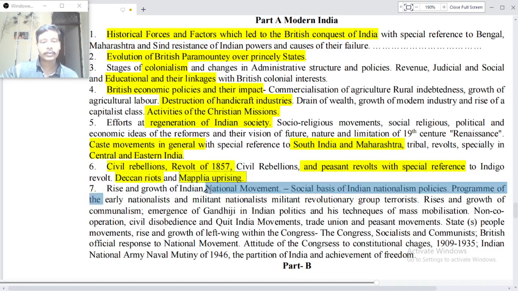The rise and growth of the Indian national movement, social basis of Indian nationalism, policies, programs, the early nationalists and the militant nationalists, militant revolutionary groups, terrorists.